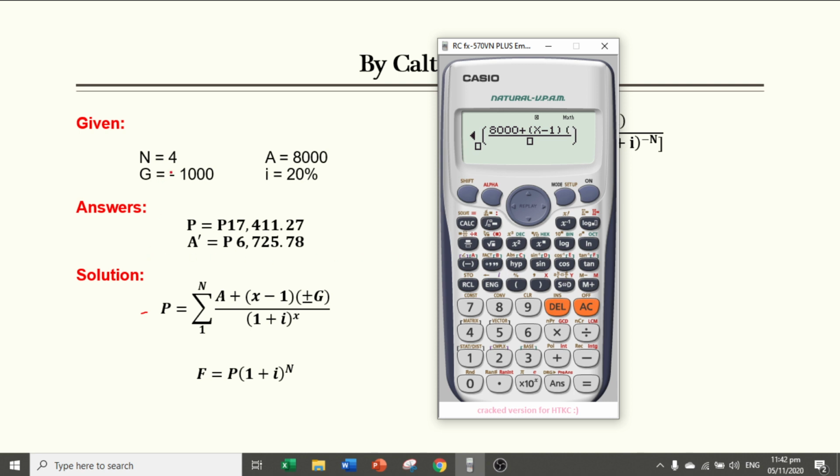Then, ang value ng G natin, since decreasing, dapat ang ilalagay mo dito ay negative 1,000 over 1 plus I, which is 1 plus 0.20, raised to alpha x. Yan. Tapos lagyan natin ng year, from year 1 to 4, or from period 1 to 4. Lumabas 17,411.27. Then shift, store natin sa A.